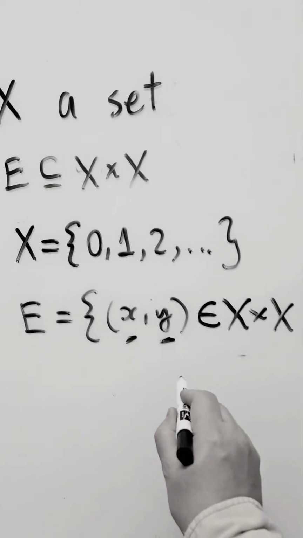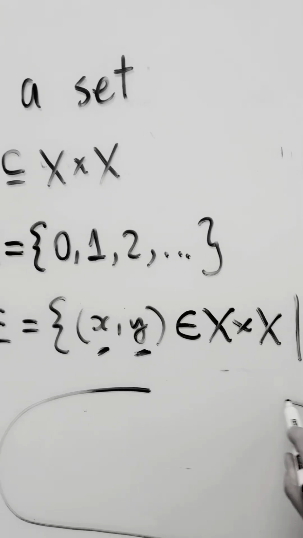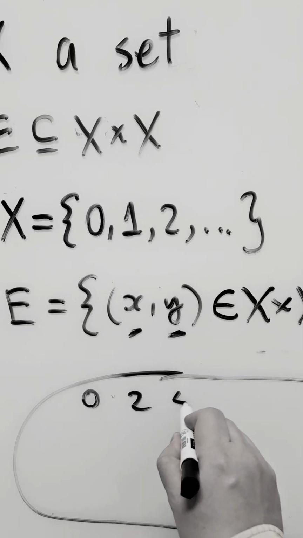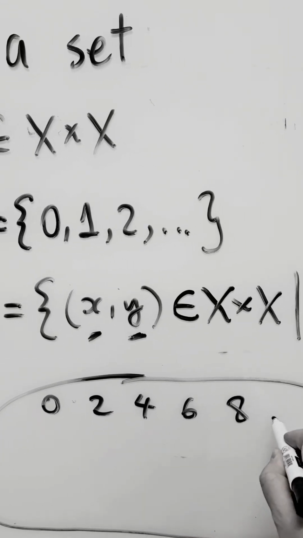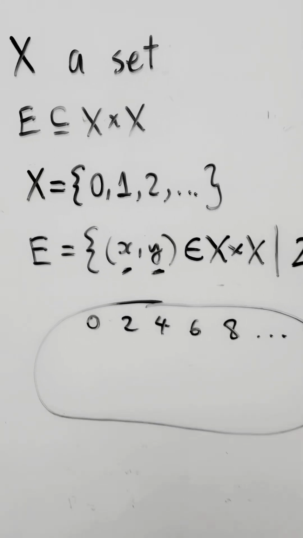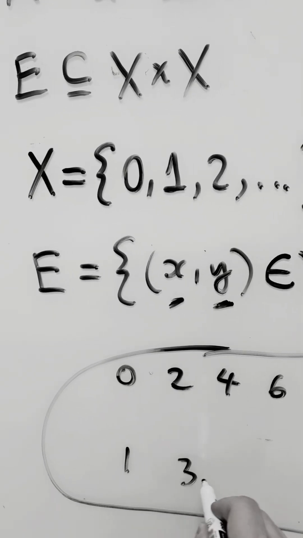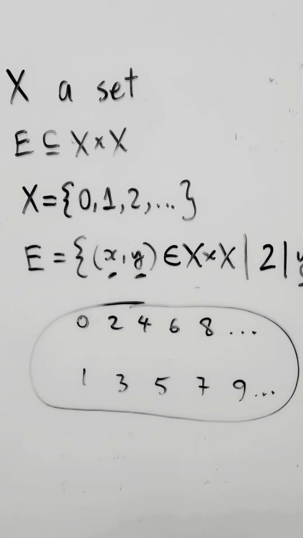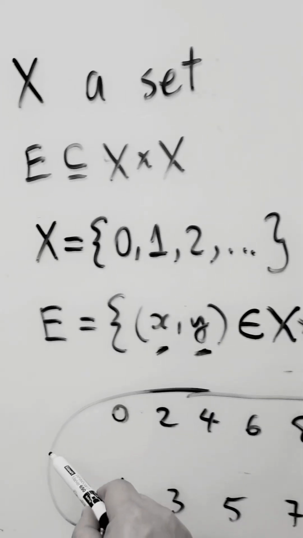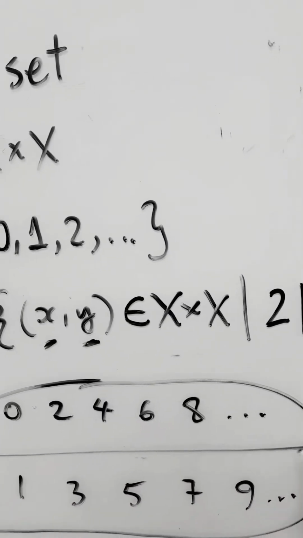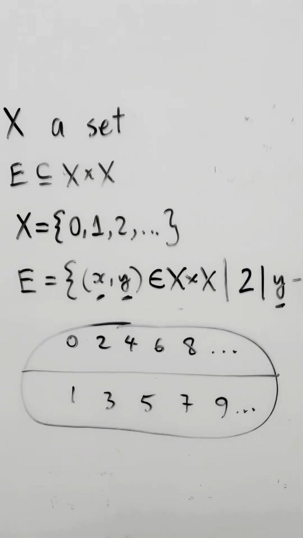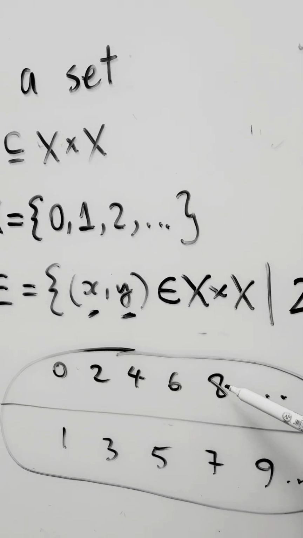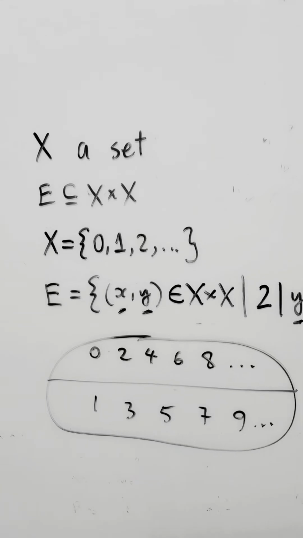So this equivalence relation groups together the even numbers and the odd numbers. All the even numbers are similar to each other according to this relation, and all the odd numbers are similar to each other, but no even number is similar to odd by this equivalence relation.